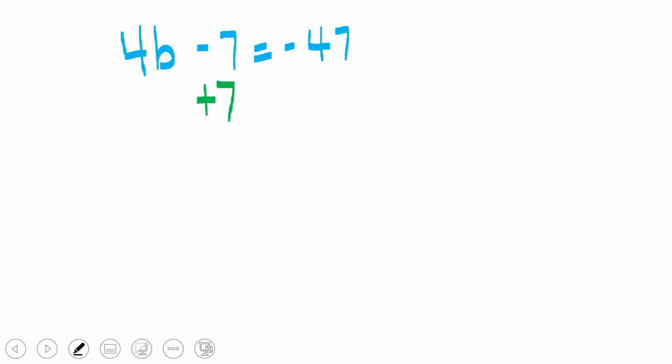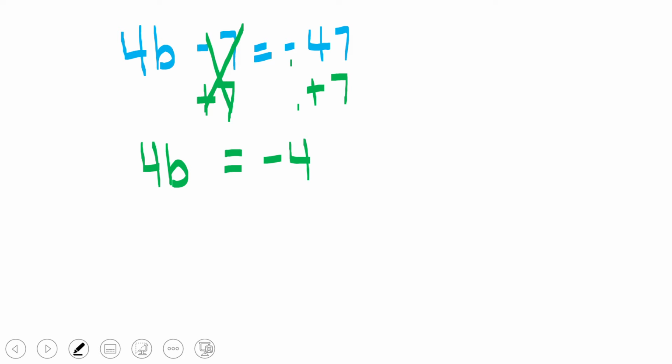On the other side of the equal sign, we will also add 7. That keeps the equal sign true. We'll rewrite our equation. 4b, this goes away, equals negative 47 plus a positive 7, negative 40.